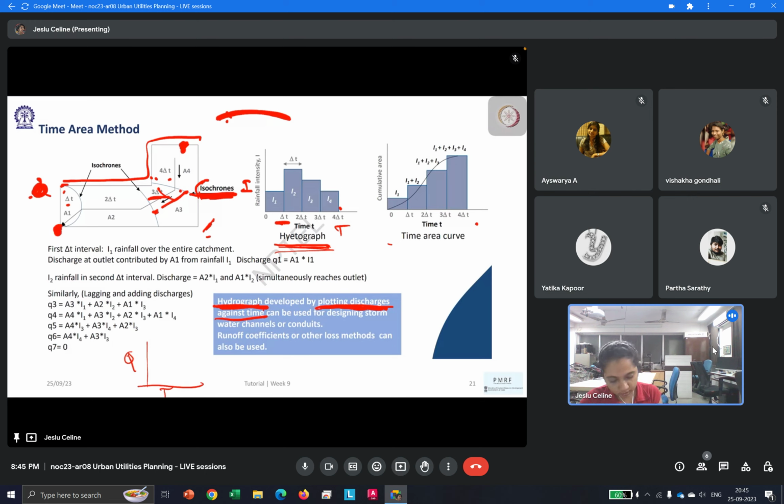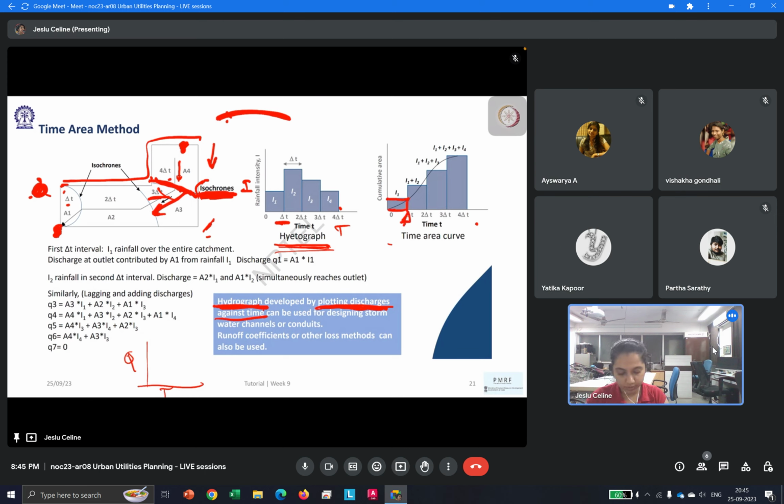This is the point of concentration that you're talking about. First it flows from here, and in this particular time, this much amount of water intensity is coming. So this is one isochrone. Then in another time frame, this much amount of intensity is flowing. So in time t, delta t.